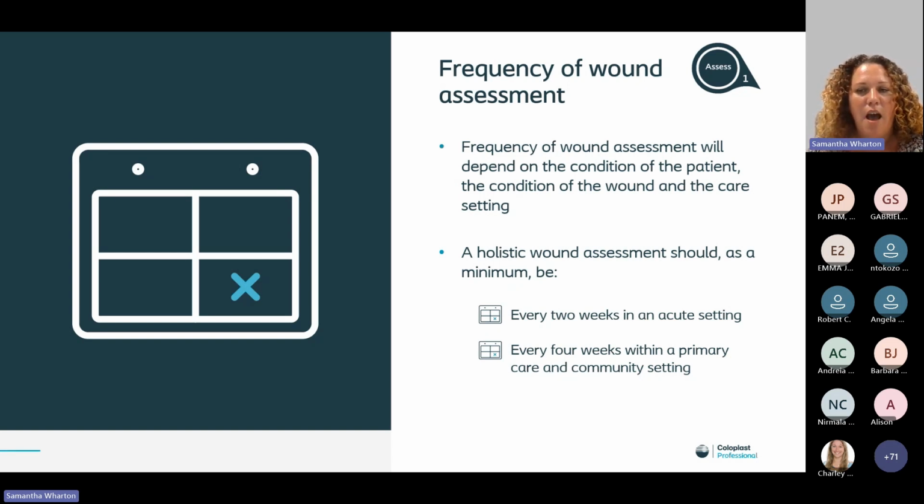Something may have been assumed, something may need redressing. So it is really important to go back and do that full holistic assessment. And if things aren't progressing, refer on to other specialists, escalate when things aren't going as you expect, because just letting a patient carry on with wound dressings that isn't progressing that wound can be very detrimental.